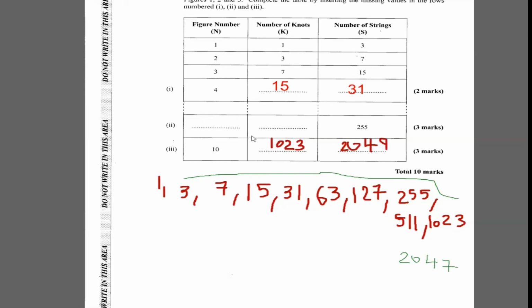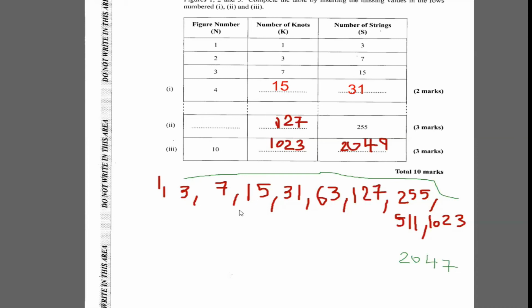Now this one should make everything clear. It says when the number of strings is 255, then the number before it is going to be the number of knots. The number of knots is 127. How do I know that? Look at this. When knots is 1, number of strings is 3. When number of strings is 7, number of knots is 3.